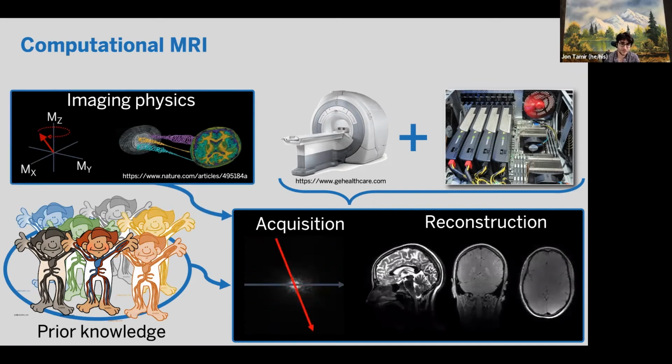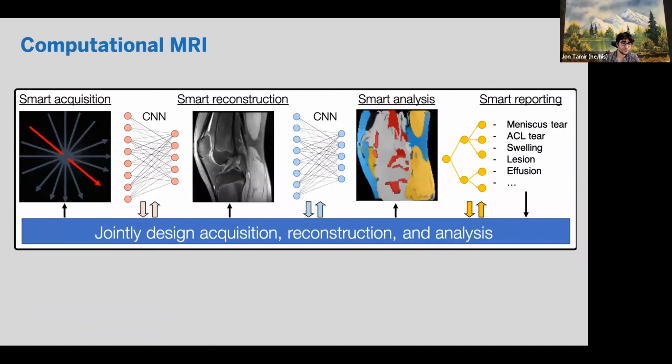We want to take advantage of knowledge of how the system works when we use the prior knowledge to design these systems. The ultimate goal in this space is really to combine all of the different components of the diagnostic imaging chain. That starts even before we collect the data and design a smart acquisition, a smart reconstruction, a smart analysis, and then a smart reporting. We want to do this all in a joint manner to get the most out of the information that we have.